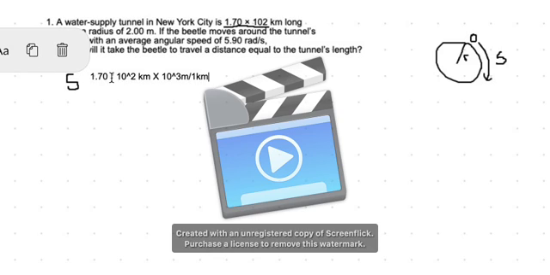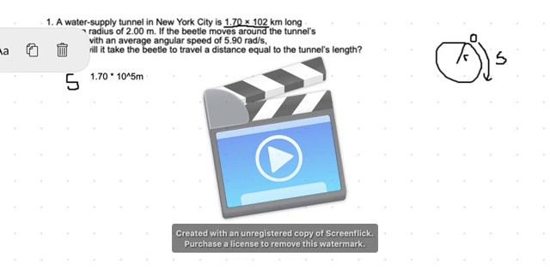Anytime I am multiplying two powers of the same value together, I can just add them. So that is equal to 1.7 times 10 to the power of 5, because 2 plus 3 equals 5 meters.